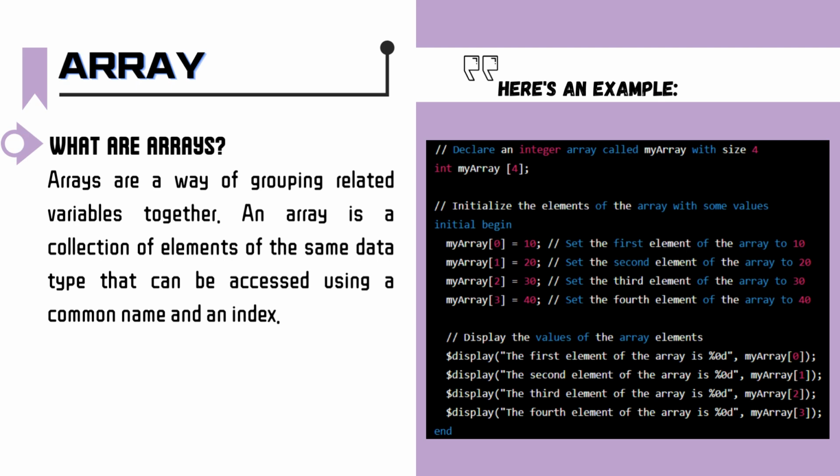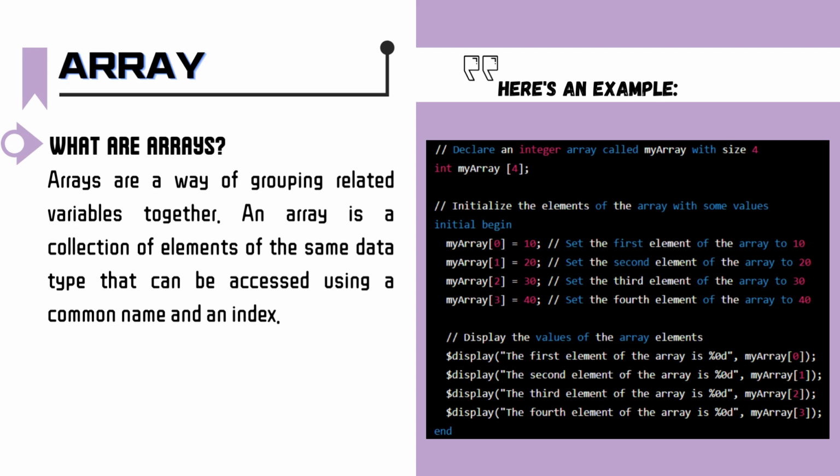Here is an example. This code is an example of using an integer array in SystemVerilog. An array is a collection of elements of the same data type, and it can be used to store multiple values in a single variable. In this code, we declare an integer array called myArray with a size of 4, which means it can store 4 integer values.